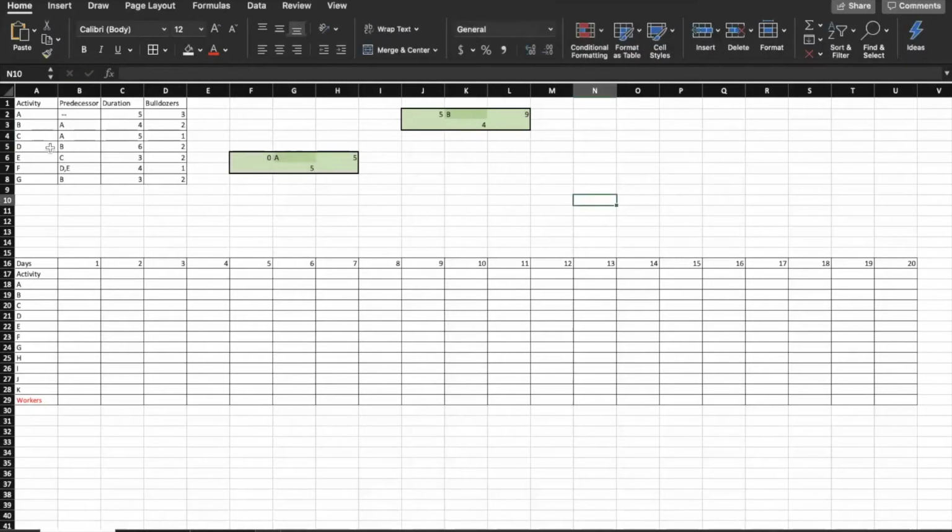After B, we have C that has A as its predecessor as well. C can start on the 5th, and it takes 5 days. So C would be finished by the 10th.